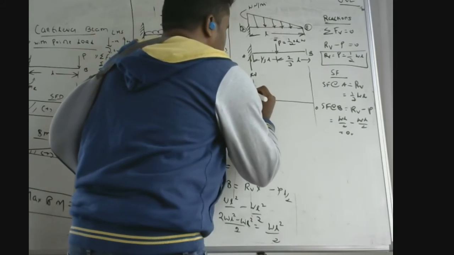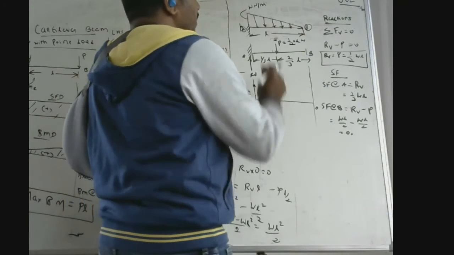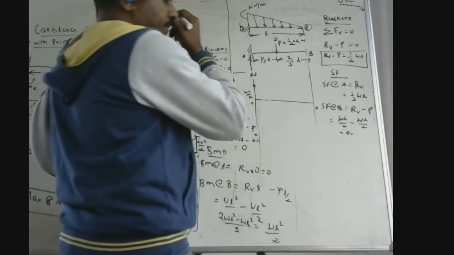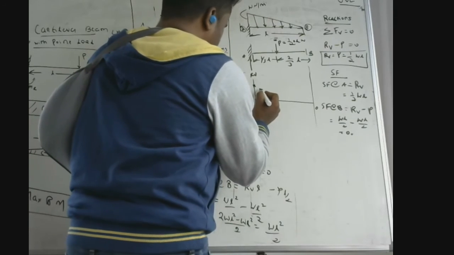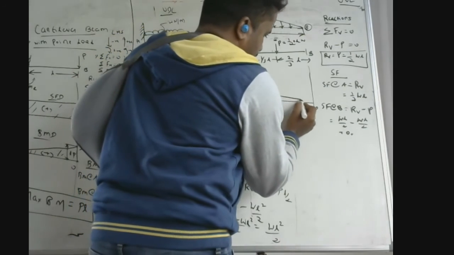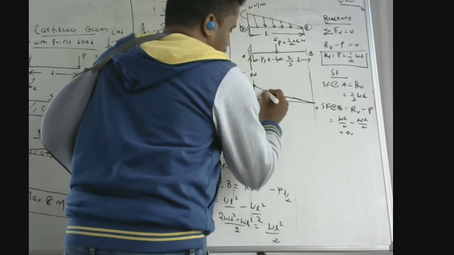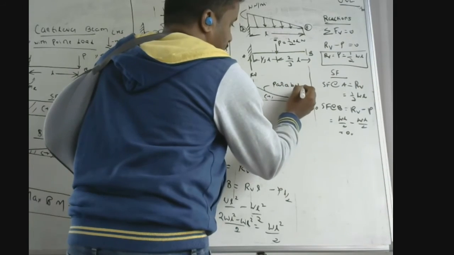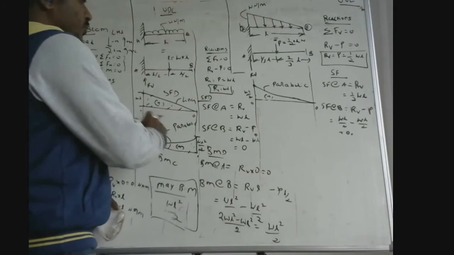Here we mark it, this is W. Whenever the UVL is acting, the variation will be not cubic, sorry, parabolic. This variation is going to keep on changing.